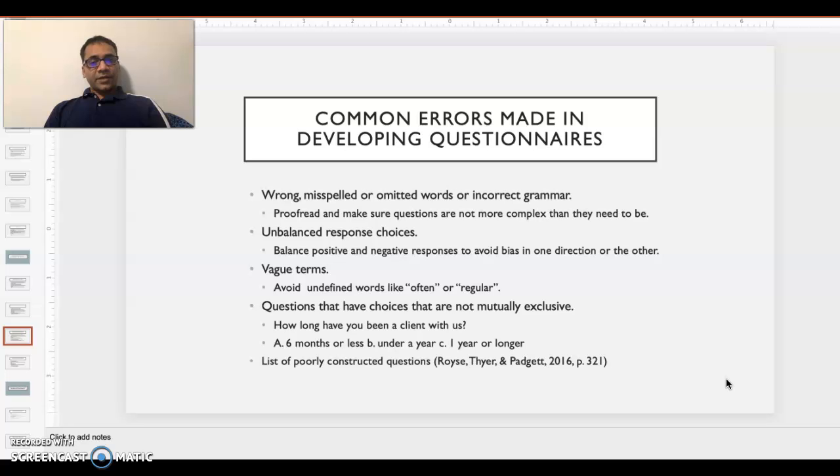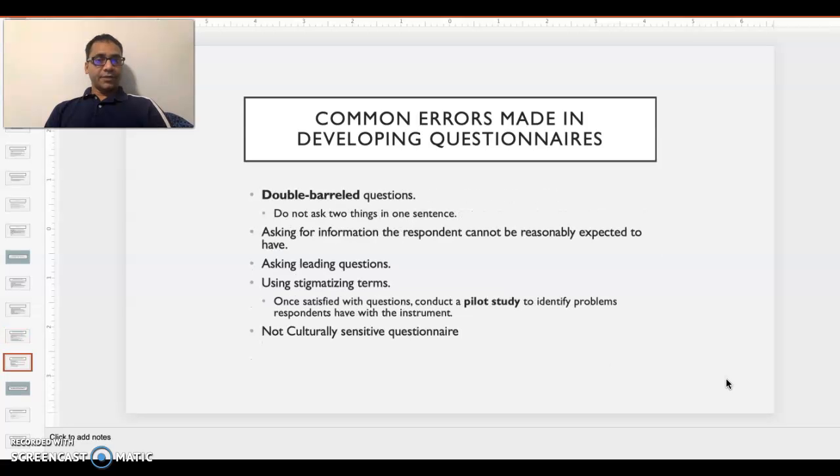The list of poorly constructed questions should also be looked into while designing the questionnaire. Sometimes there is the double-barreled question; we should not ask two things in one sentence. Asking for information that the respondent cannot reasonably be expected to have. Asking leading questions, using stigmatized terms, and also our questions should be culturally sensitive.